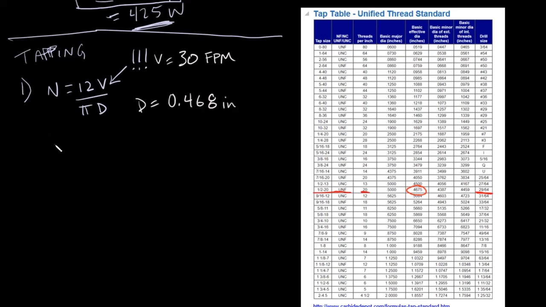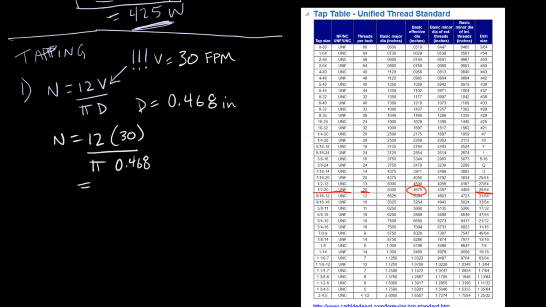Okay, so now that we have that, let's calculate the spindle speed. So 12 times 30 divided by pi times 0.468.